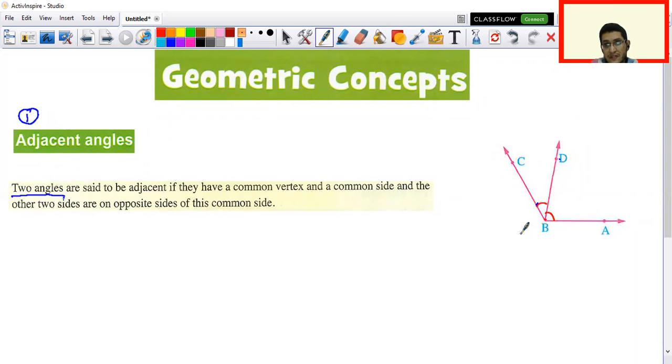These two angles are said to be adjacent if there are conditions to say these two angles are adjacent angles.